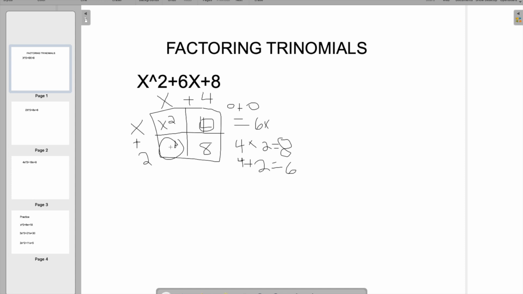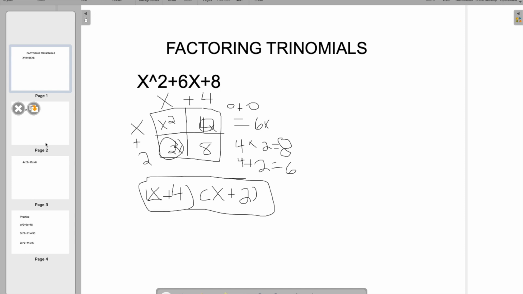So if you write 4 and 2 there, it works. And 2 times x is 2x, and 4 times x is 4x, and you want to add them. And then you get your answer, which is (x plus 4) times (x plus 2), and that's the answer. That's how you factor a trinomial.